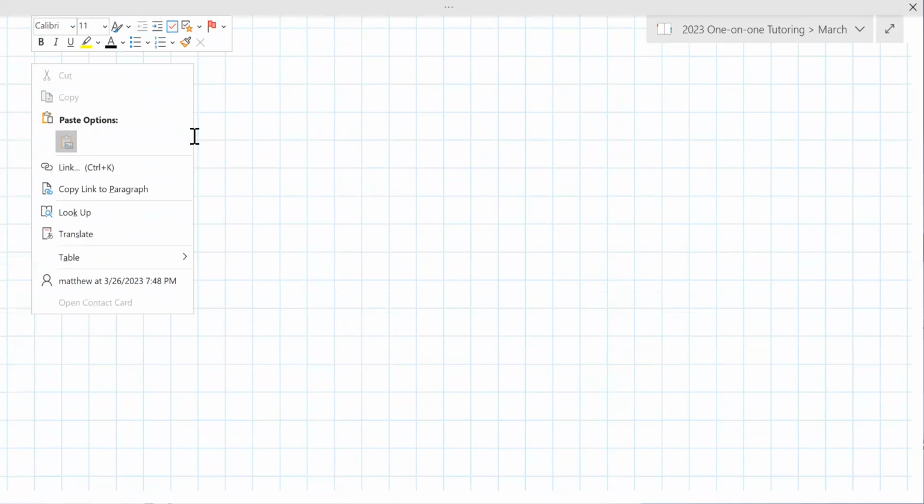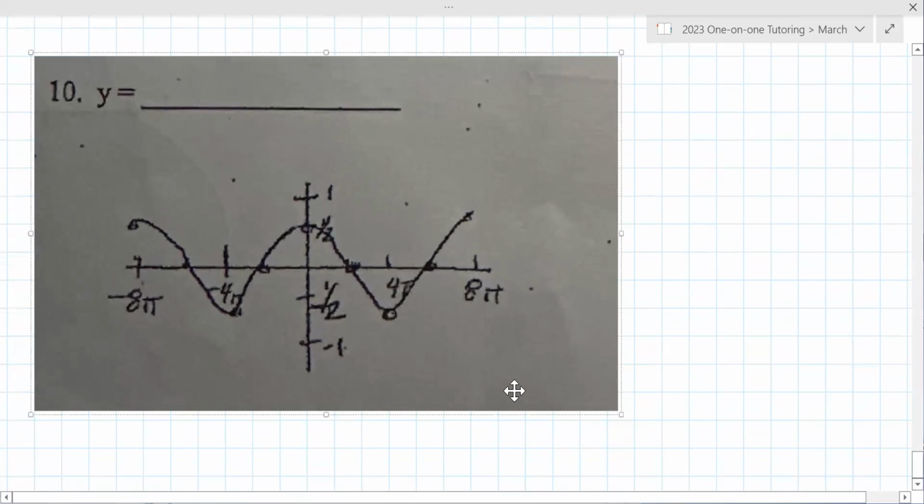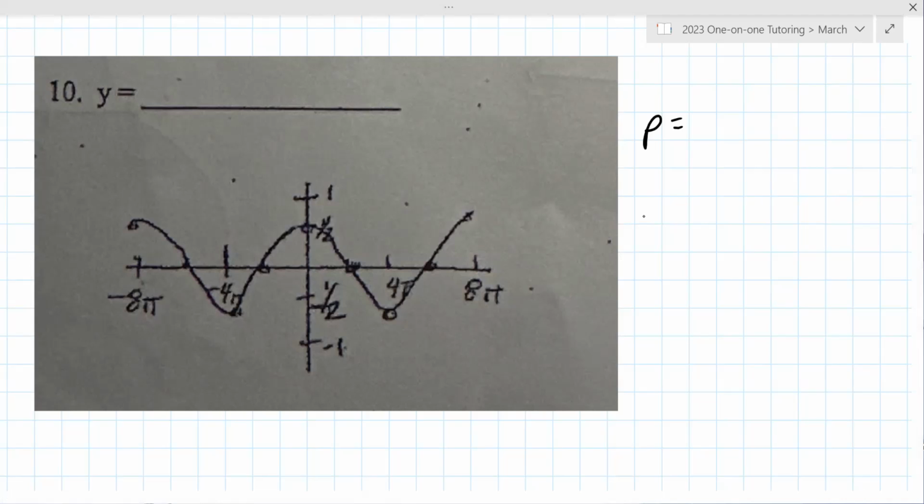Okay. All right, we don't have much time here, but take a minute or two, see if you can find the period and amplitude on this one, and then convert those to big A and big B if you can. So the period is 8 pi.